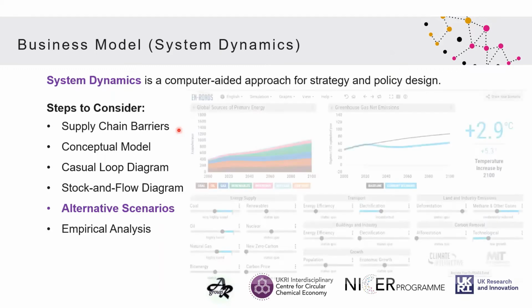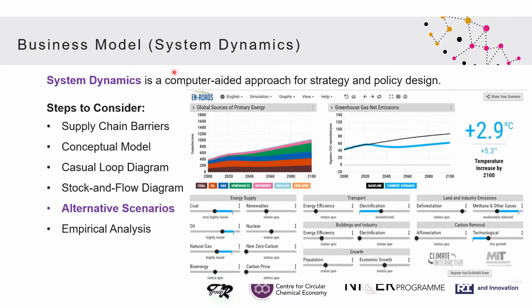And with that, I'm going to this example that you can find online. It provides the information on the temperature that we will have in 2100 if we provide different scenarios in terms of energy supply, transport, buildings, growth, carbon mobile technologies, and so on. Here, I just did something randomly. I changed the energy supply.